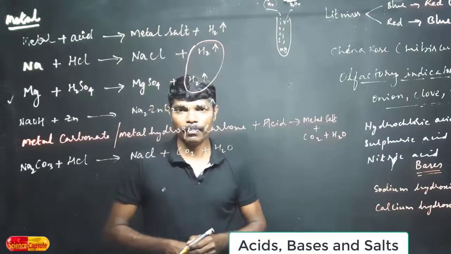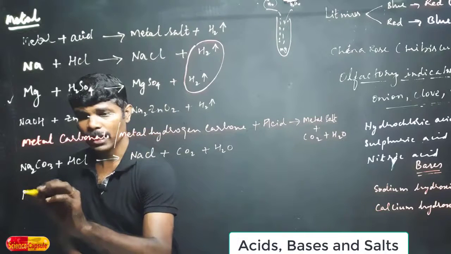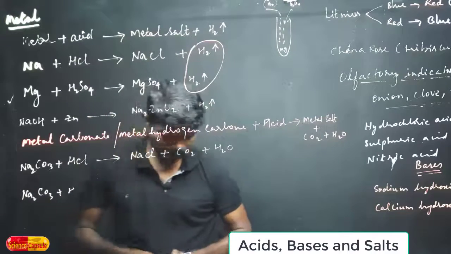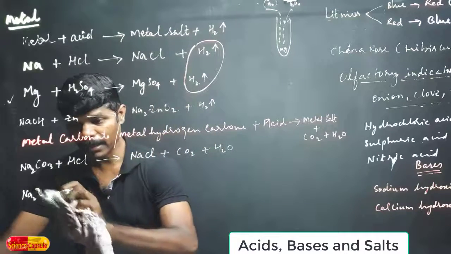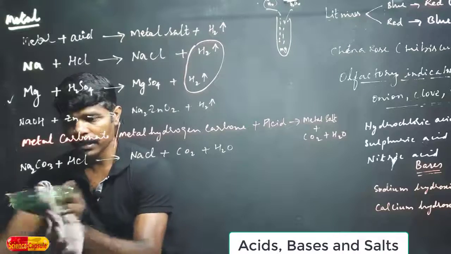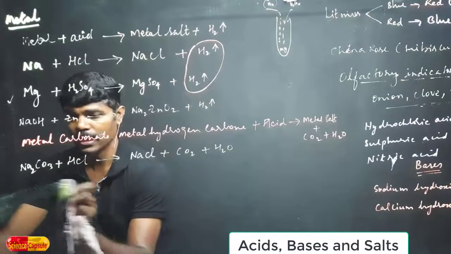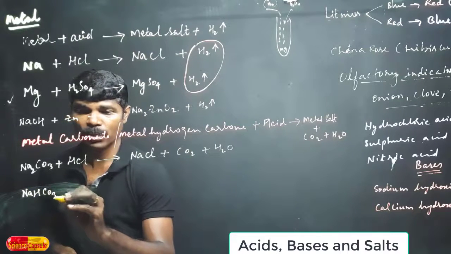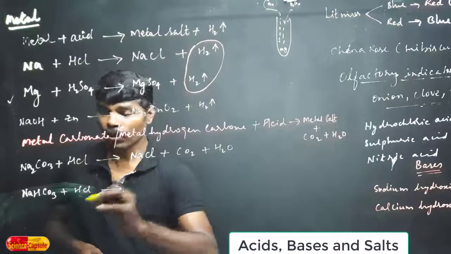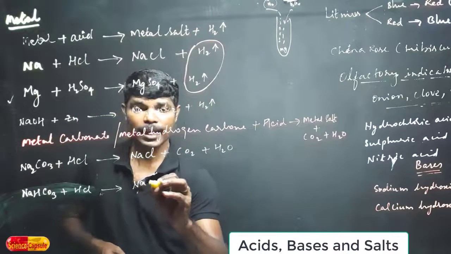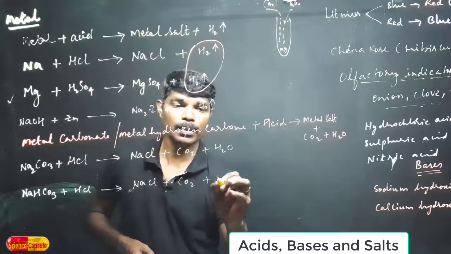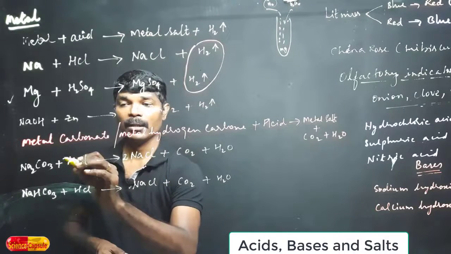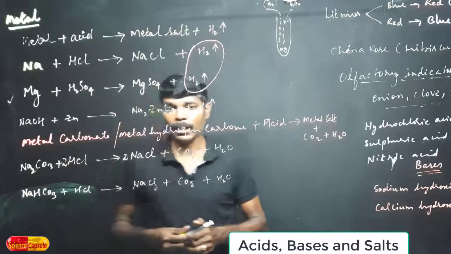Now for metal hydrogen carbonate, NaHCO3, when it reacts with hydrogen chloride, that is hydrochloric acid, again we get NaCl plus CO2 plus H2O. This reaction needs to be balanced, so we write it here. This is how the chemical reaction goes.